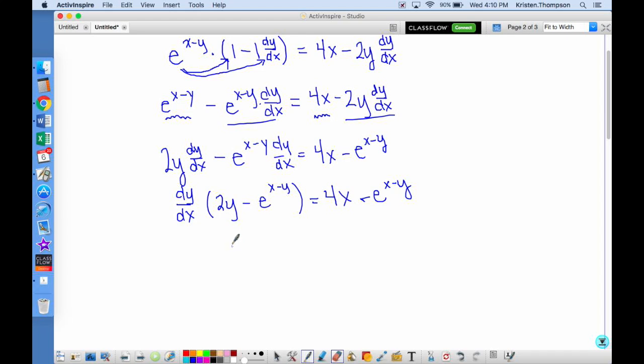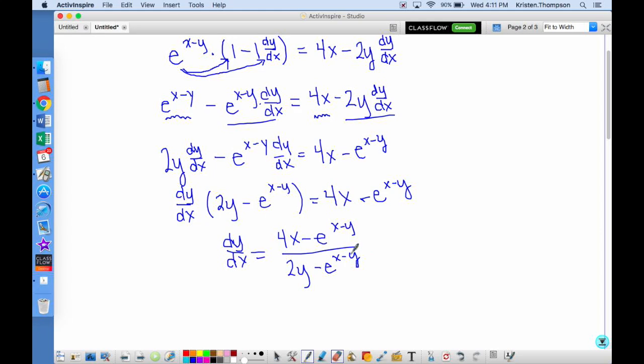And then divide out to isolate dy dx in our final step. Gives us 4x minus e to the x minus y all over 2y minus e to the x minus y.